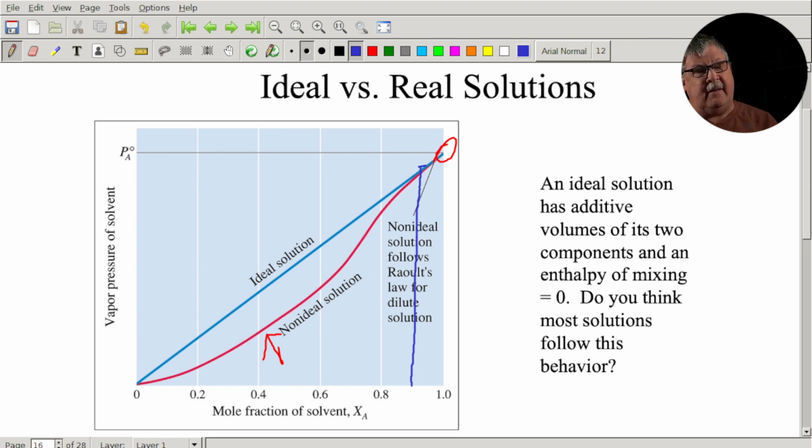Basically what this is telling us is if we're going to use Raoult's law as a colligative property, then the mole fraction of the solvent should be greater than 0.9.